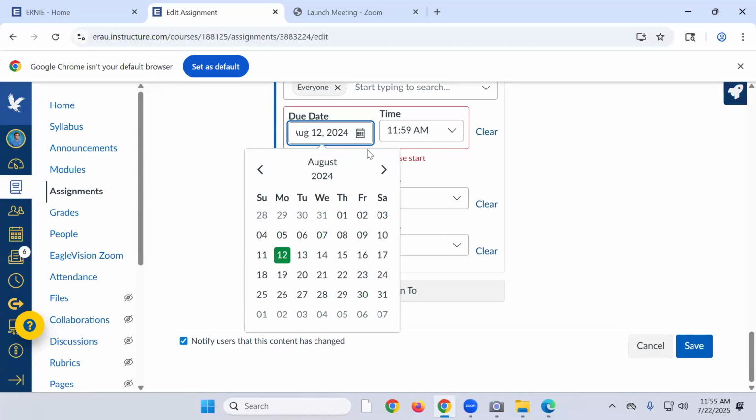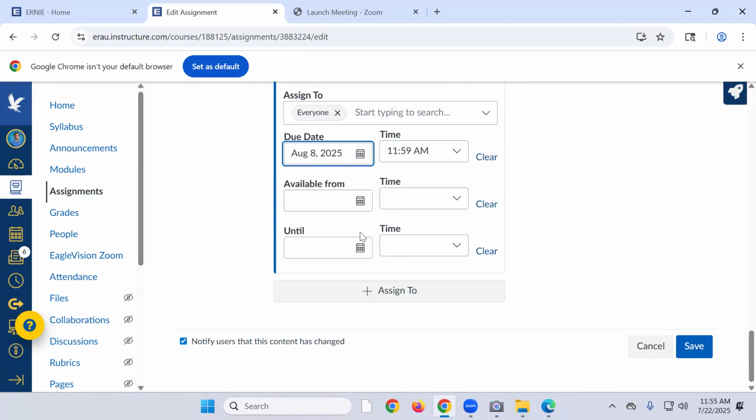Okay, you have no idea when it's going to be due, but we're going to make it due now. August, when is the last day of classes? So I'll make it due at the end of 30 days. Is that okay? All right.